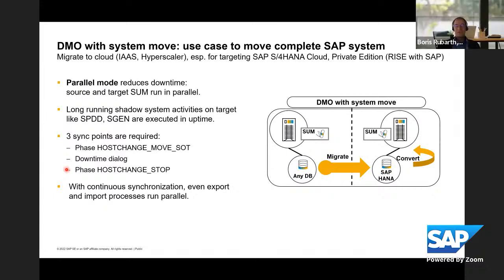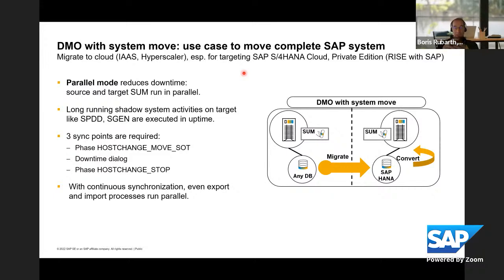Good question as well, as we have this slide here saying, well, the DMO with system move is especially relevant if we move from ERP on-premise to SAP S/4HANA Cloud Private Edition, so the on-premise edition running at a hyperscaler. Then we have to use DMO with system move. And DMO with system move does not allow downtime-optimized DMO.